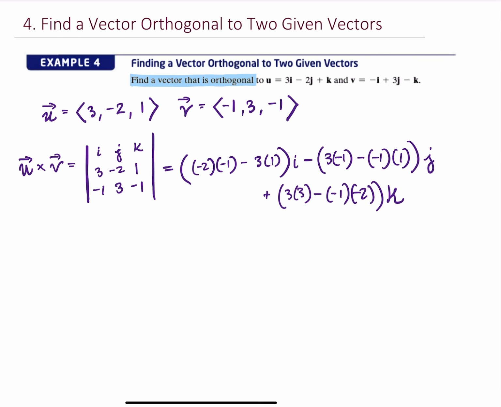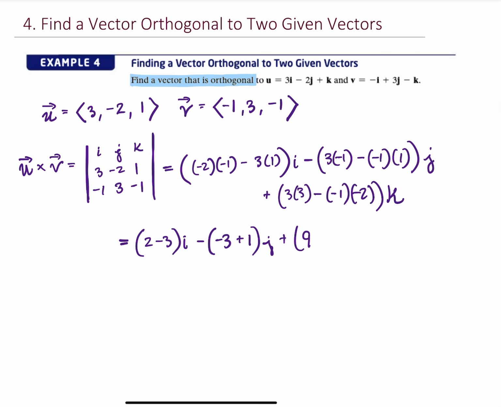So let's simplify everything. That should give us positive 2 minus 3 i minus negative 3 plus 1 j plus 9. Let's see. This will produce a positive 2, but then we will subtract.